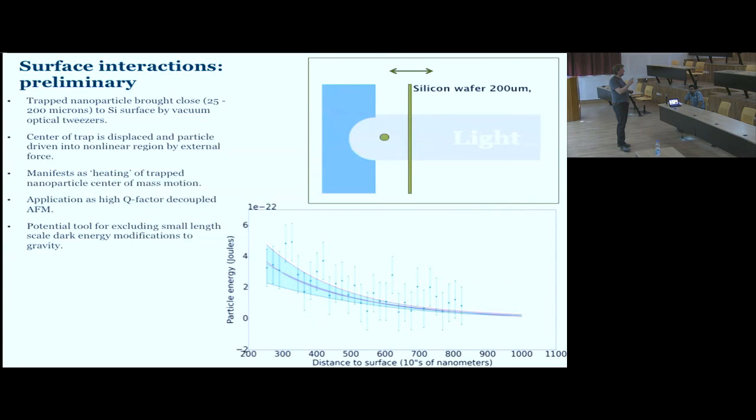If you analyze the area of the PSDs, which is plotted here, and you convert this into something like a particle energy, which is a bit more complicated, then you can get plots like this.